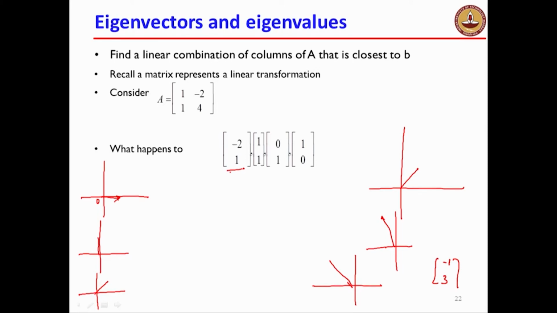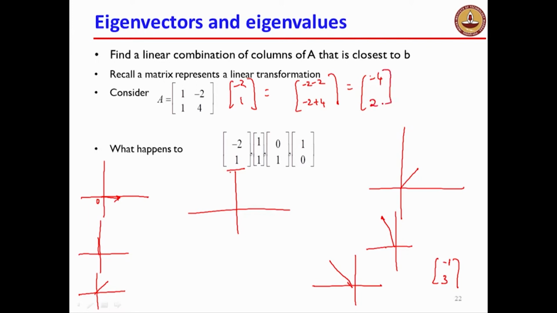You end up getting minus 2, 1. So you started with a vector minus 2, 1, and you ended up getting a vector minus 4, 2. You started with this vector, and you get this vector after transformation, minus 4, 2.